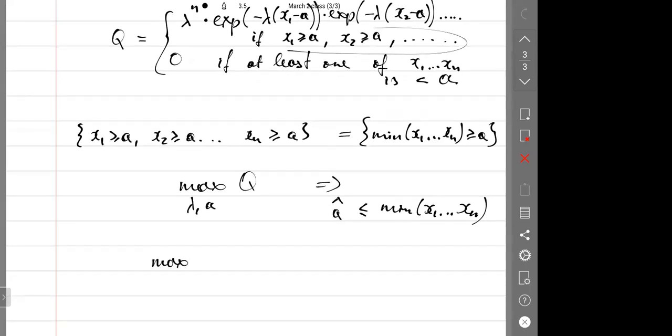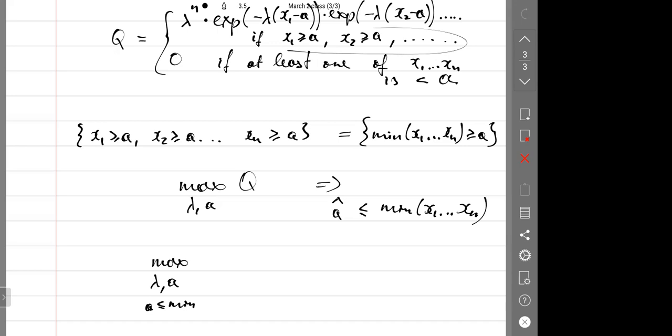We are maximizing by lambda and a, given that a is less than the minimum. There was no such restriction in the original problem, but we can incorporate it since we know that the optimal point a cannot be greater than the minimum, because if a is greater than the minimum, our value is 0, and we would prefer any positive epsilon, 1/million, 1/trillion, to this 0.